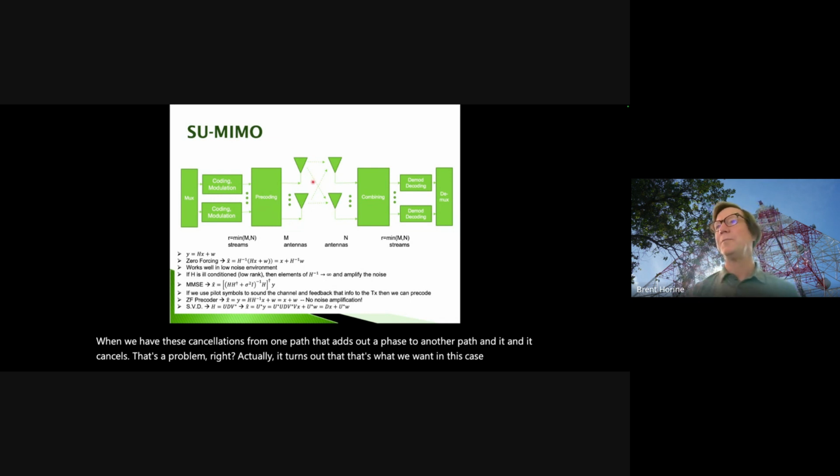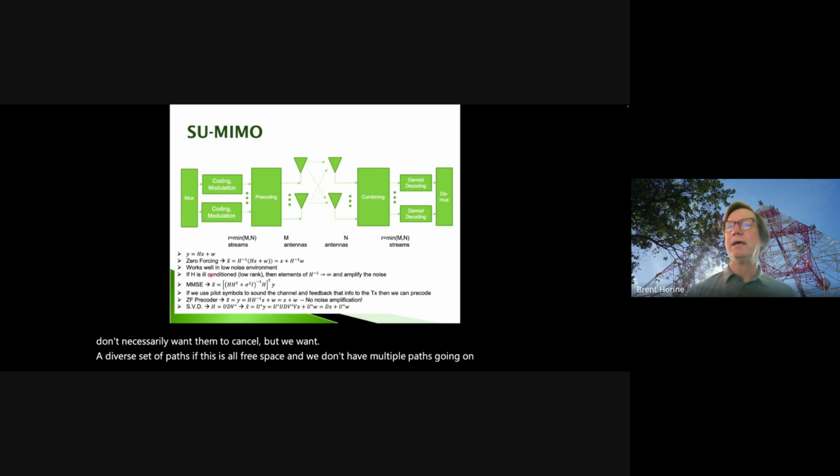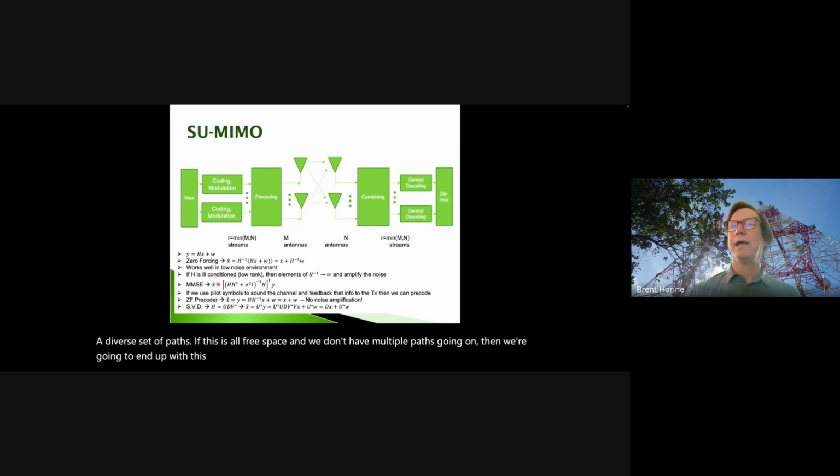We don't necessarily want it to cancel, but we want a diverse set of paths. If this is all free space and we don't have multiple paths going on, then we're going to end up with this low rank matrix situation where this is ill conditioned. These different matrix elements are too similar to each other, and when we try to invert it, we're going to end up with these singularities, right?